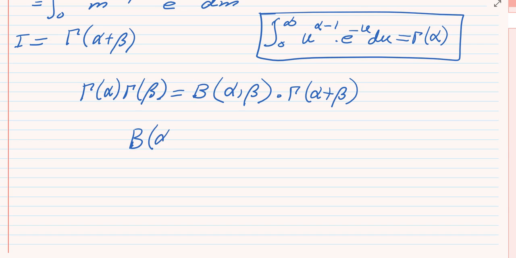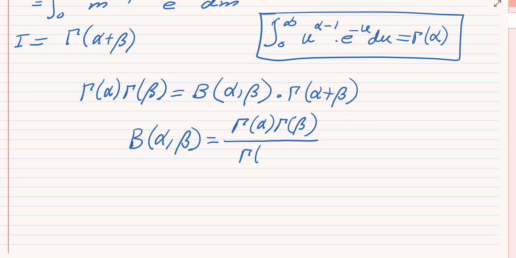And from this, beta of alpha, beta is going to be, dividing both sides by gamma of alpha plus beta, we get gamma alpha, gamma beta over gamma of the sum. And that's what we wanted to show.